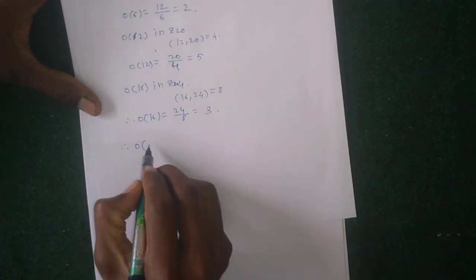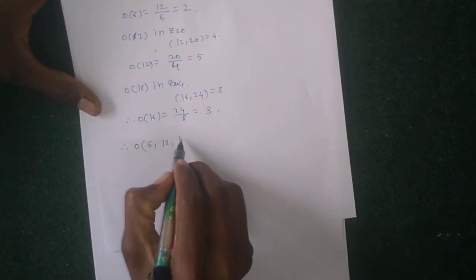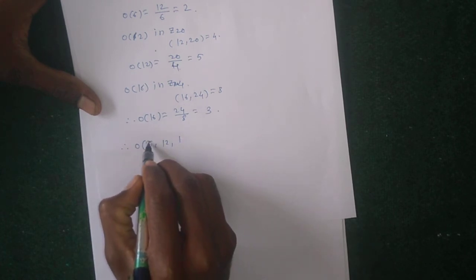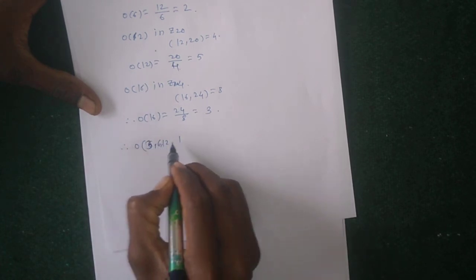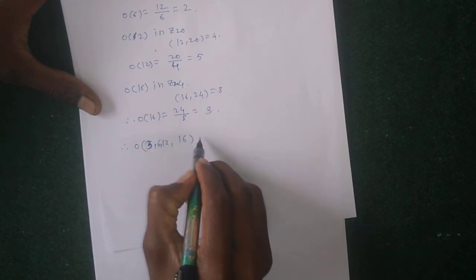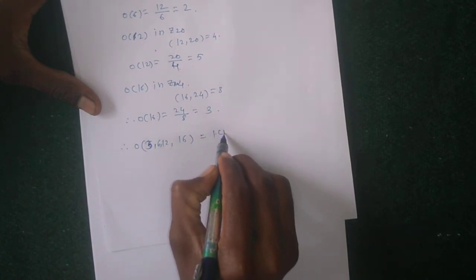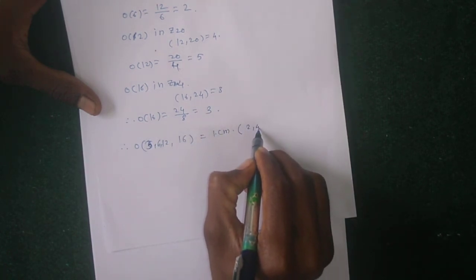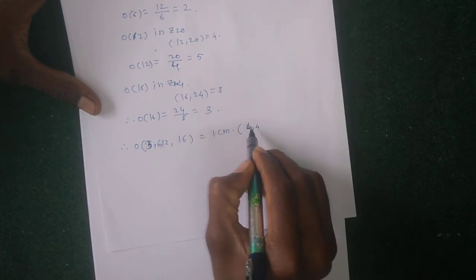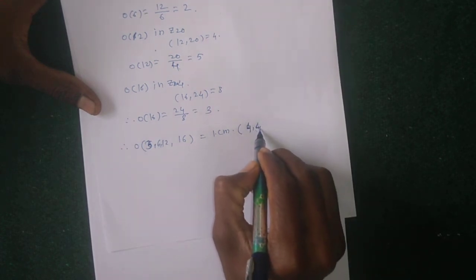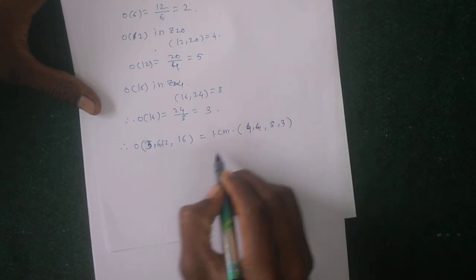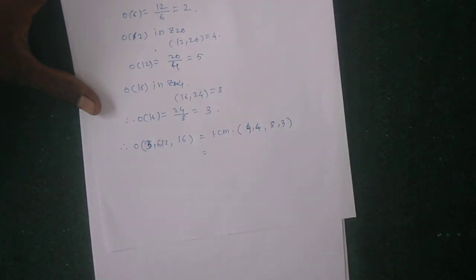Therefore the order of the element (3, 6, 12, 16) is equal to the LCM of 4, 8 and 3, and their LCM is 24.